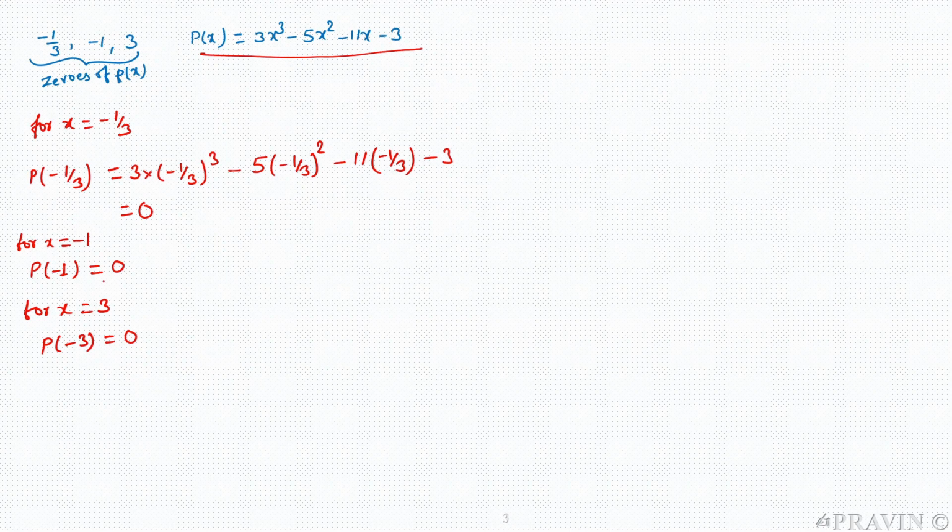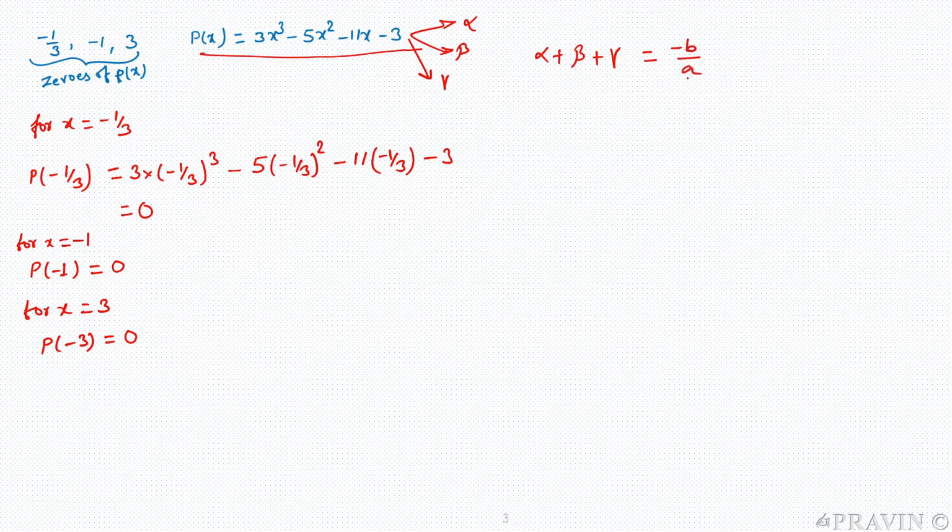Next, you are asked to verify the relationship between zeros and coefficients. So you will take that alpha, beta and gamma are the zeros of this given cubic polynomial. You know, sum of zeros alpha plus beta plus gamma is equal to what? Minus b by a.